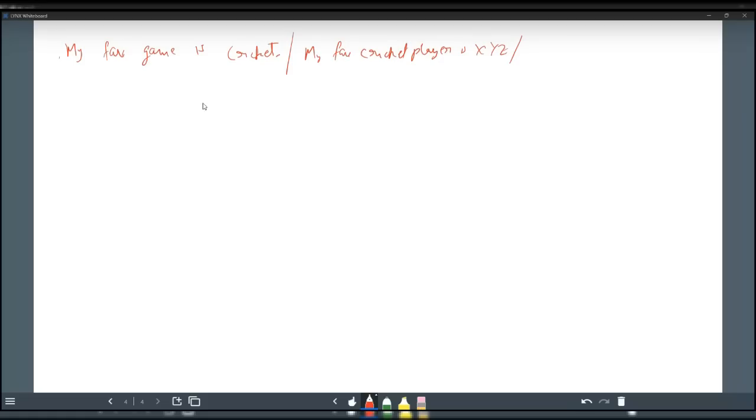And my bat is manufactured by SS. And now I represented my state.